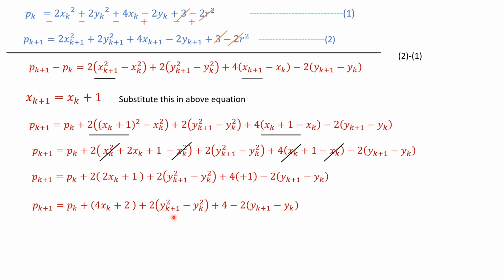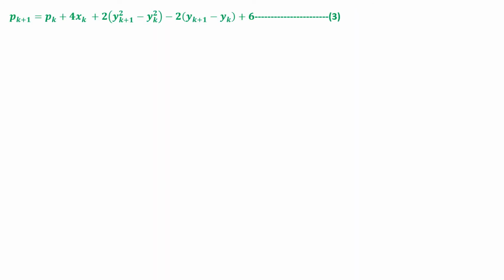So there are two cases: when the decision parameter is less than 0 and when the decision parameter is greater than 0. For both the cases, the next decision parameter will vary. We'll use this to find the decision parameter equation in both the cases, case 1, case 2. So we take case 1, when the decision parameter is less than 0, as discussed, then the next value of y will be yk.